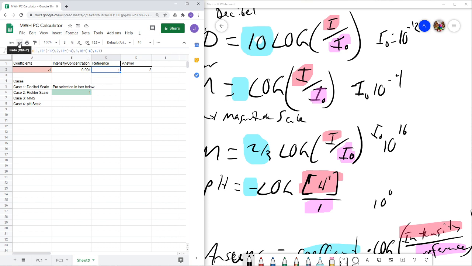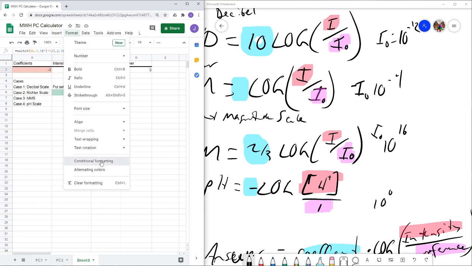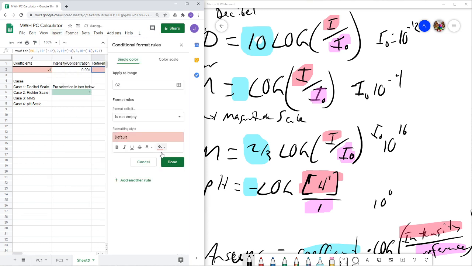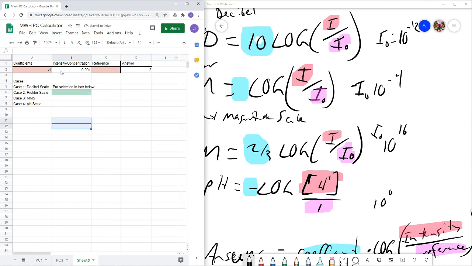Normally, if you do Control Y or redo, that would repeat an edit you did, but for some reason it didn't do that here. So we'll just have to find it. So format, there we go, hit done. So I'm putting those in red, because that way I can remember, well, I have a switch here, I do not want to change that.